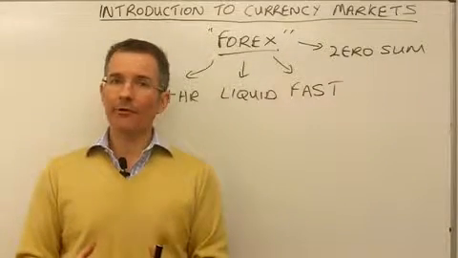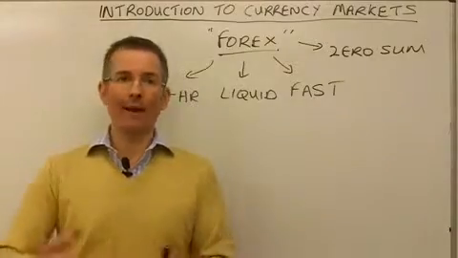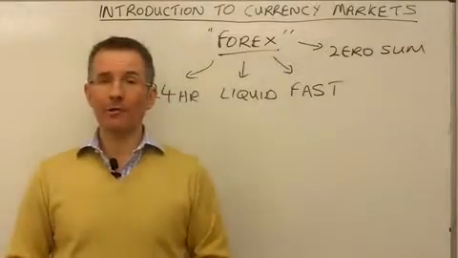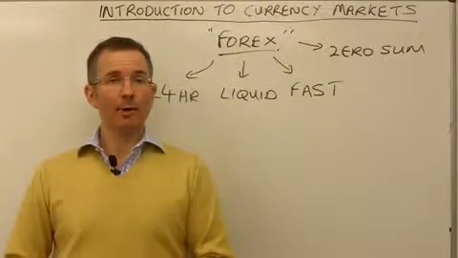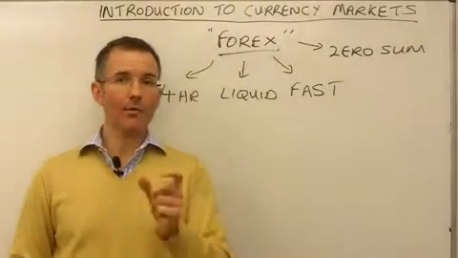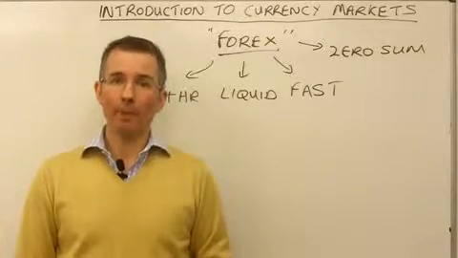So in other words, with currencies you've always got to decide what you're betting against as well as what you're betting for. I don't need to do that with shares. I just say I'm buying Tesco and hoping Tesco goes up. But in the currency markets you're always trading pairs of currencies. So as one rises, another falls, and so on.